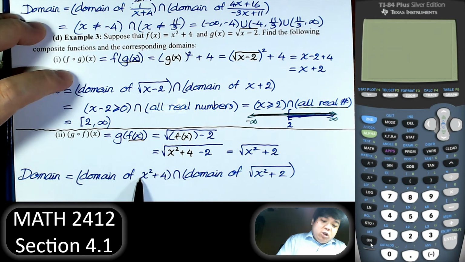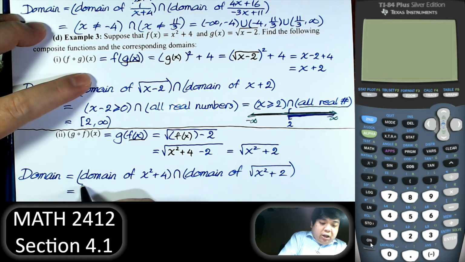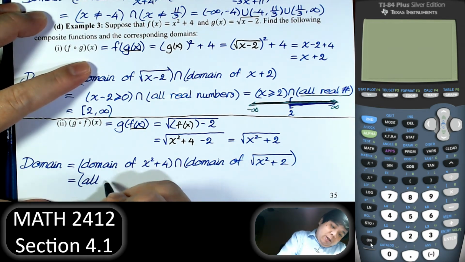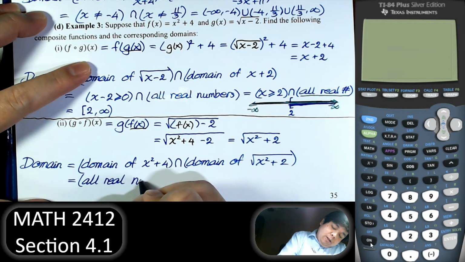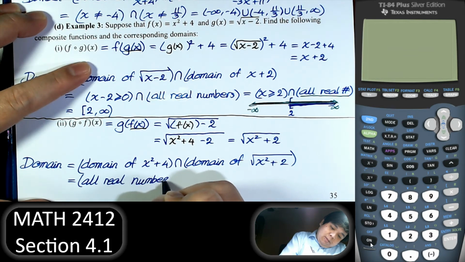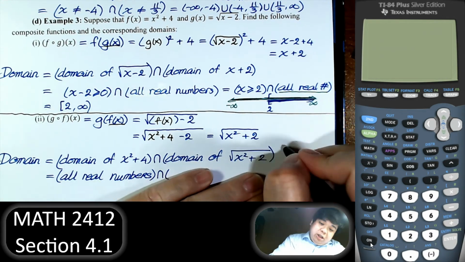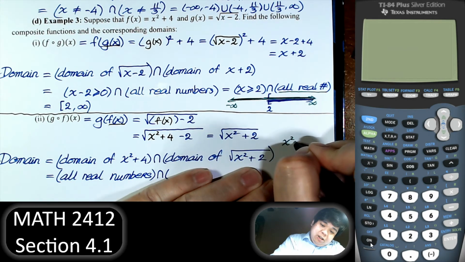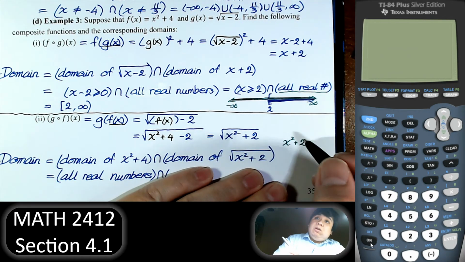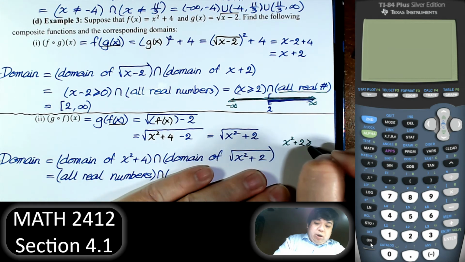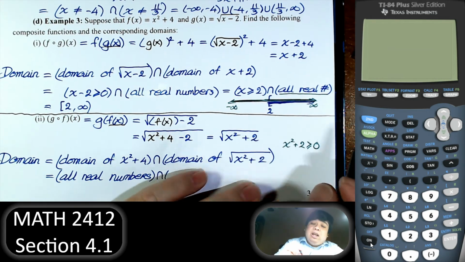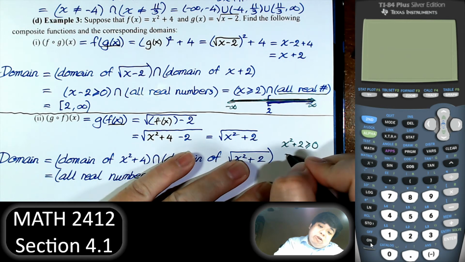So the domain of x squared plus 4, that polynomial, we can say all real numbers. That intersect with the domain of the square root of x squared plus 2. Well, again, for a square root or any even root, we let the inside of the root be greater than or equal to 0, because if it is negative, it will be imaginary. So move 2 over.